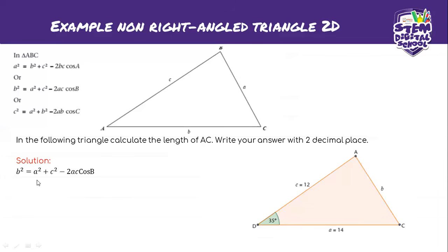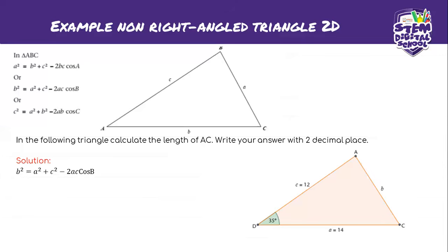Remember I said if that is the case, we have to calculate the side of this small letter b, so we start with it when we write our formula. So our formula is going to be b squared equals a squared plus c squared minus 2ac cos angle B. Remember, I said this angle D is just a typing error.